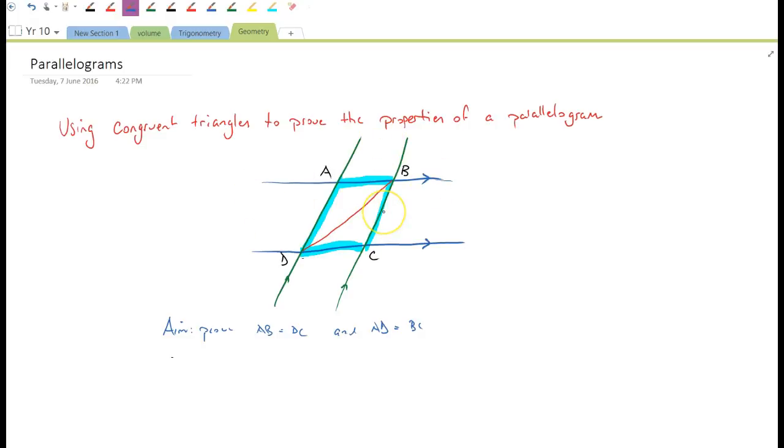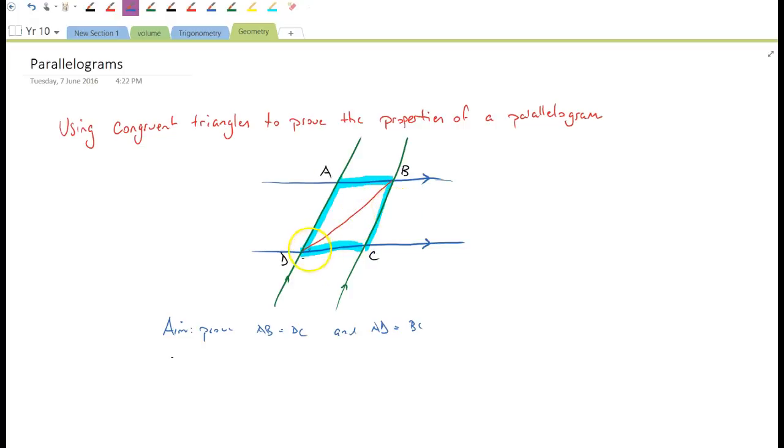All I know about ABCD is that it's a quadrilateral where both pairs of opposite sides are parallel. I don't know anything more. What I want to prove is that if I've got both pairs of opposite sides parallel, then both pairs of opposite sides are therefore equal to each other. So AB is equal to DC, and AD is equal to BC.